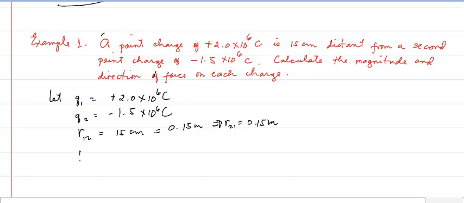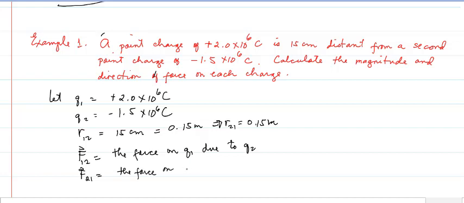And the notation F12 is defined as the force on Q1 due to charge 2. In the same manner, F21 is the force on charge 2 due to charge 1. Let's draw the FBD.